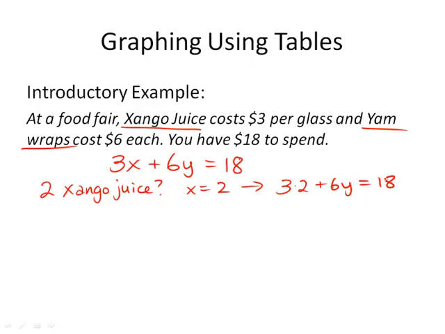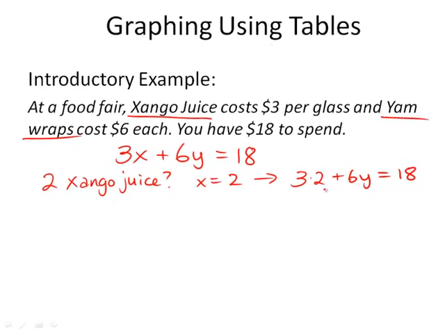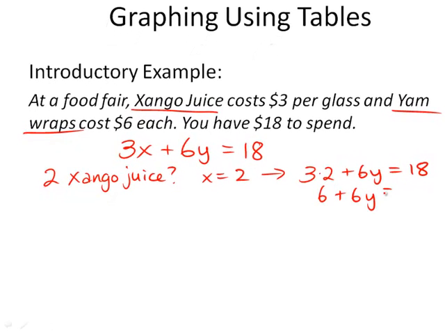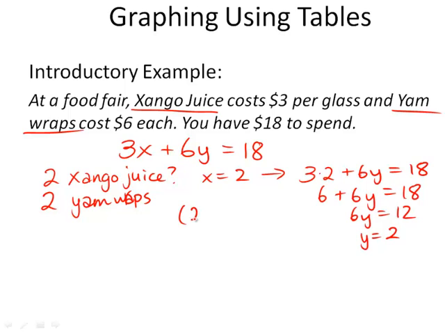Now, remember, if you bought 2 Zango juice, that would cost you $6, which then would leave you with $12 to spend on your yam wraps, which would allow you to spend the money on 2 yam wraps. So you could have 2 Zango juice and 2 yam wraps. That's one possible combination. So a coordinate point for that would be 2, 2.